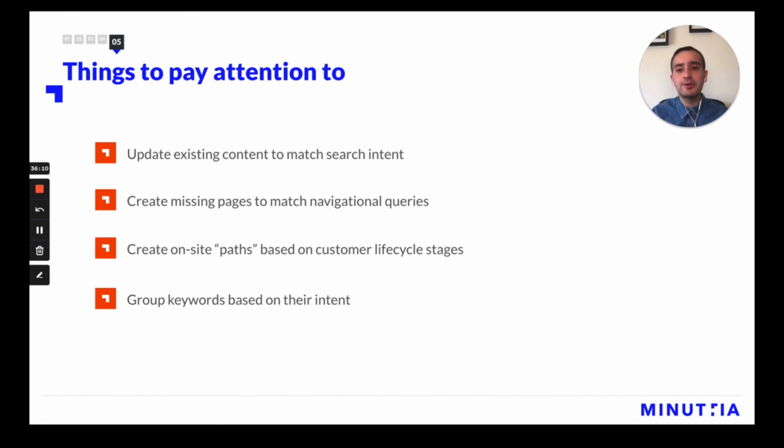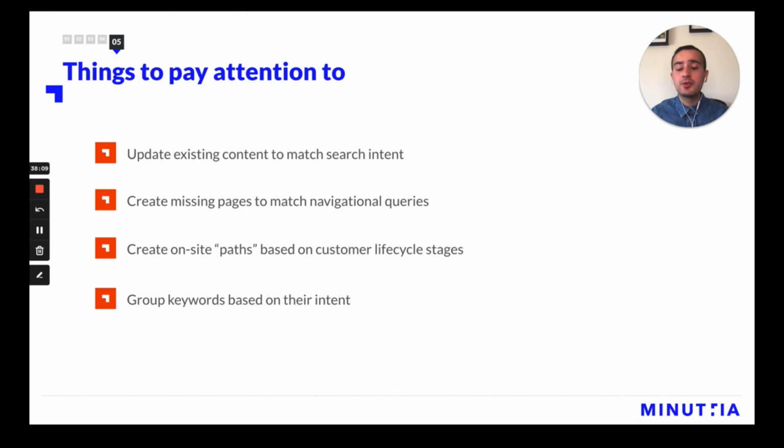For example, when you're at an early stage, chances are that your users will not be searching for something like your company's name, customer support, because you have a more intimate relationship with them, and thus they don't feel the need to go on Google and search for something like that. But when you are at a later stage, chances are that people are looking for your brand online, and they are looking for things that in some cases you may be missing. So we'd highly recommend taking a look at Google Search Console, for example, to see what people are searching for when it comes to your brand, in order to create missing pages to match navigational queries.